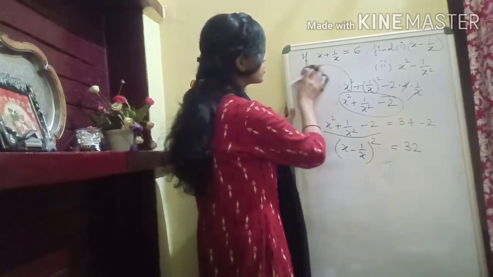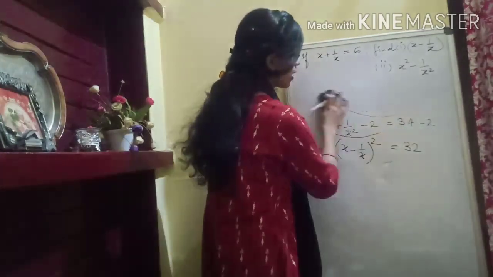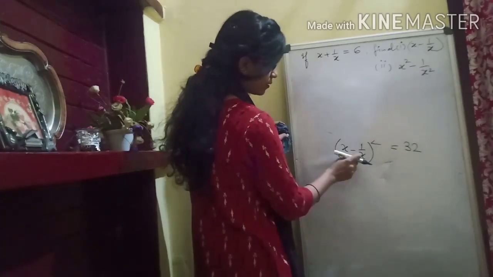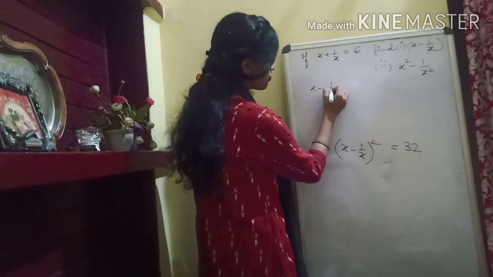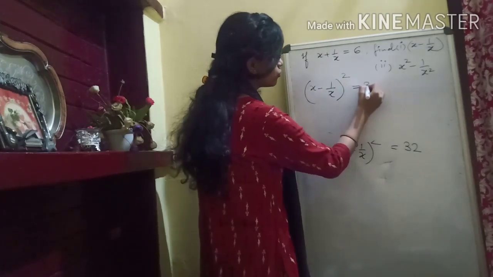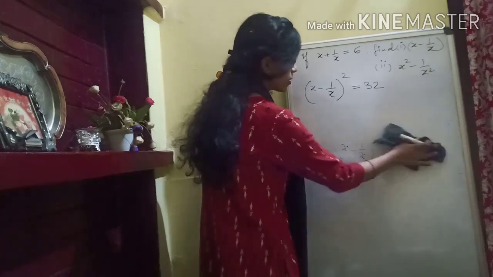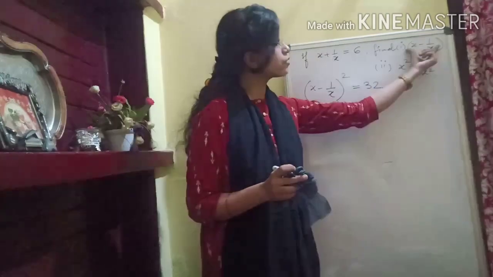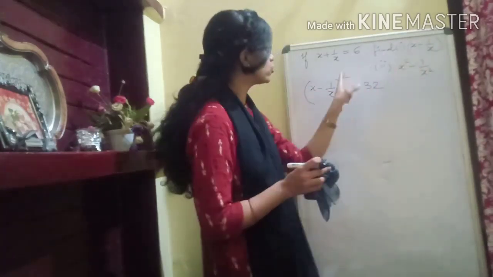I'm going to rub this. So we have reached the part where x minus 1 upon x whole square is equal to 32. Okay, we have calculated till here. Now we wanted x minus 1 upon x only, we don't want this square.